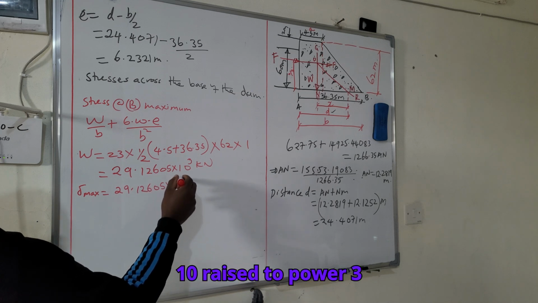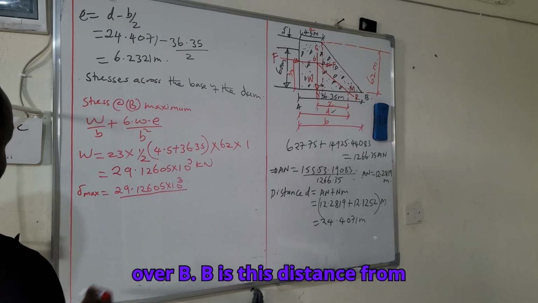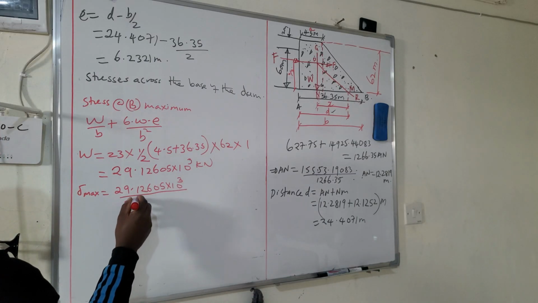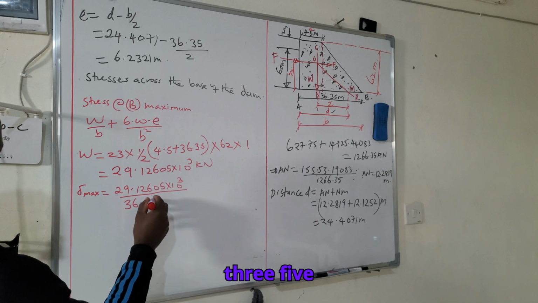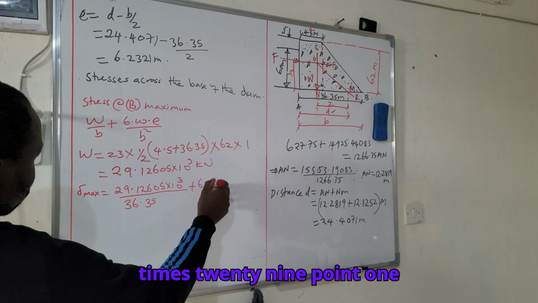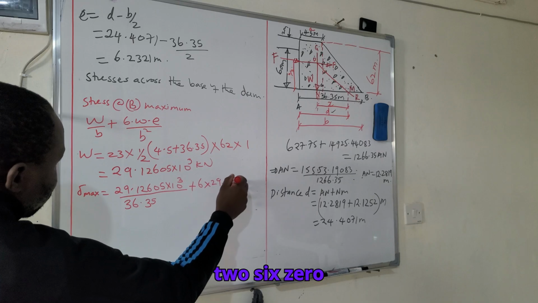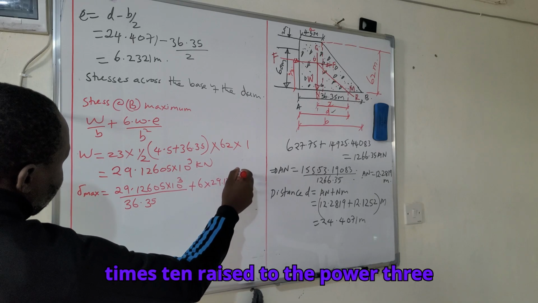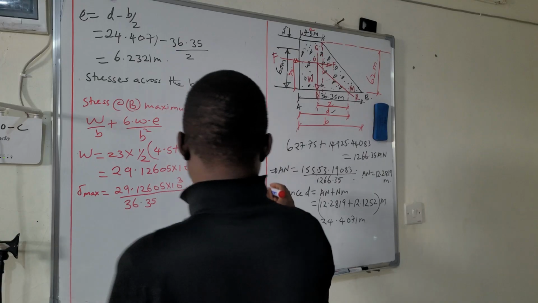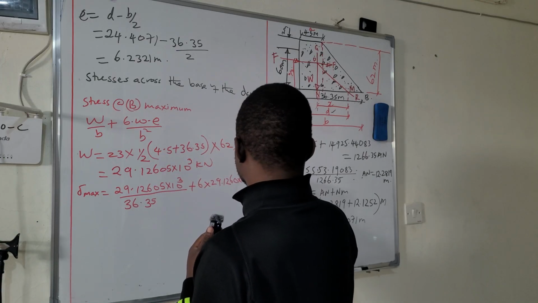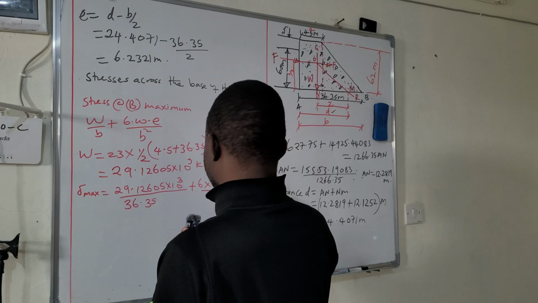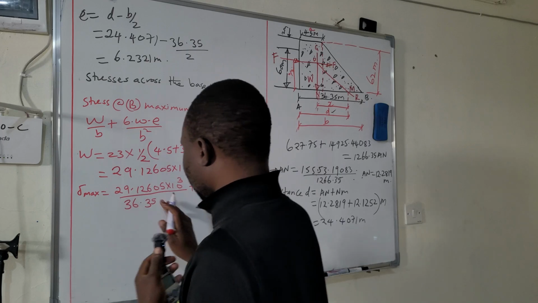So our stress is equal to 29.12605 times 10 raised power 3 over B, B is this distance from here to here, which is 36.35, plus 6 times 29.1260 times 10 raised power 3 times E, which is 6.23, then over B square, that's 36.35 square.